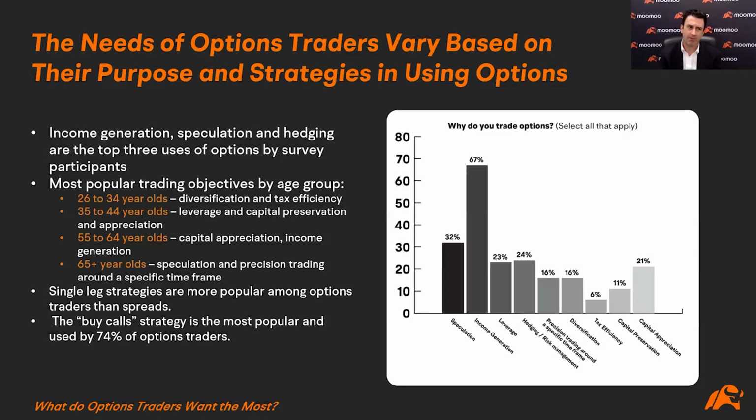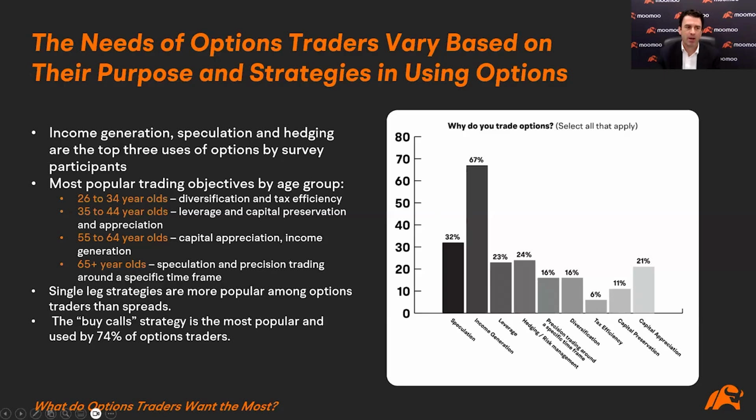Someone 65 and older was trading more for speculation and precision around a specific time frame. What we did find was single leg option strategies are more popular than trading spreads, with the buy call strategy being the most popular.